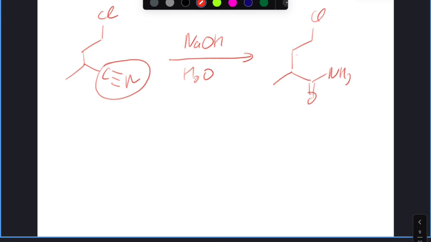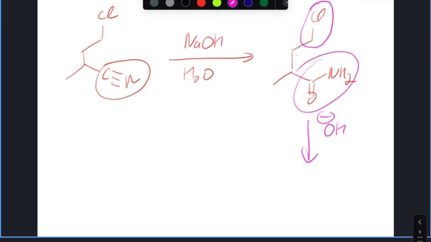That first addition, possible. The complication I might cite for something like this: in order to get this next step with hydroxide to do the hydrolysis of this group, it's going to require so much time, so much temperature. It is so hard to hit that nitrile. You are absolutely going to hit your primary chloride first in that case, if that makes sense.